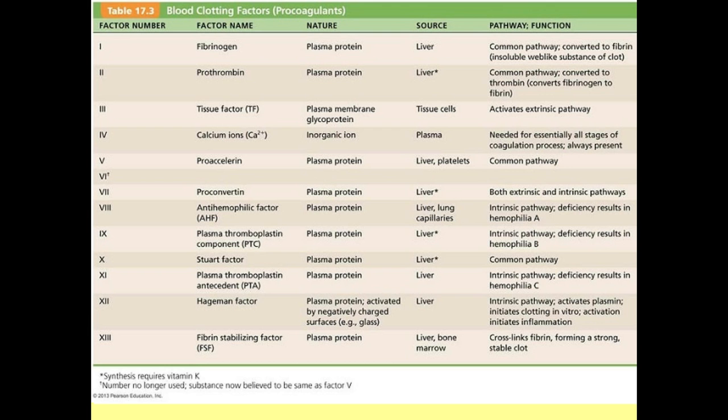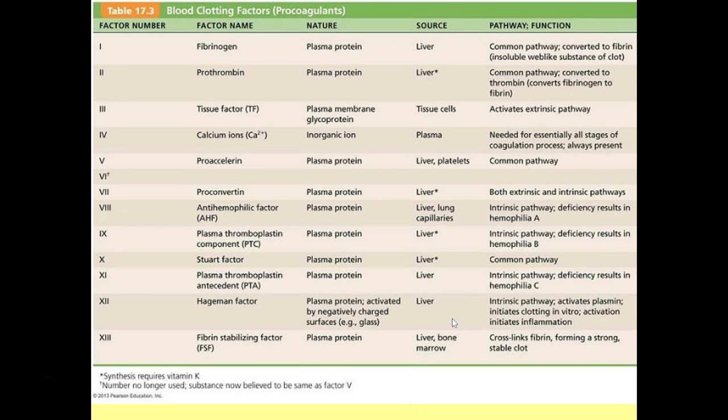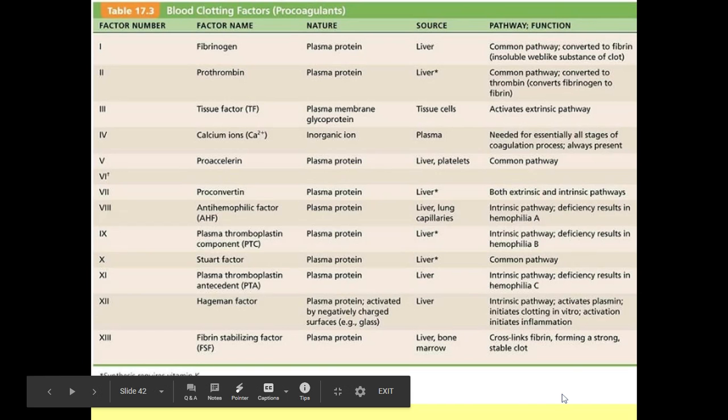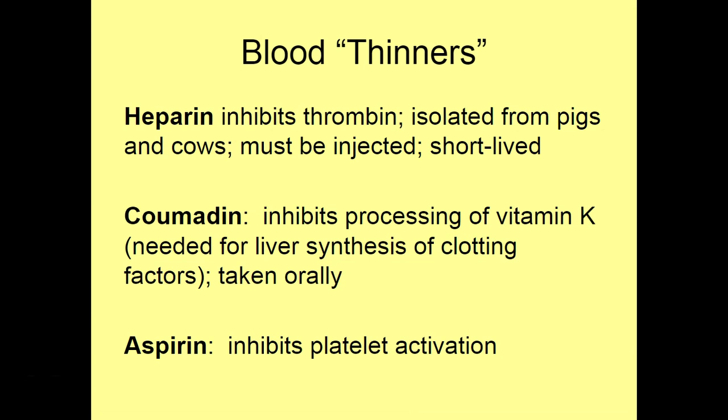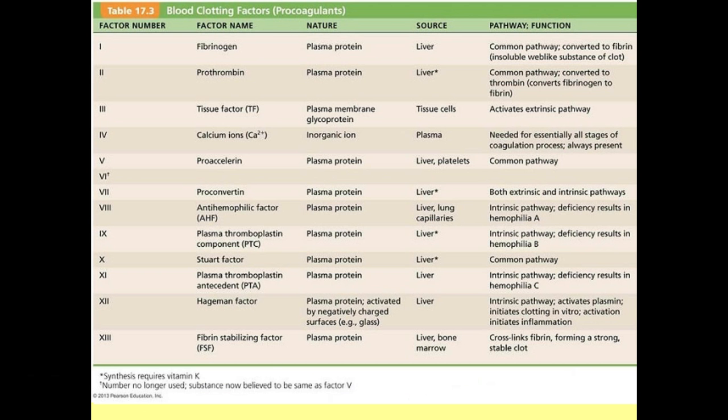I'm going to skip to here. So here's a whole bunch of clotting factors. You'll see that a lot of them are from the liver, and a lot of them need vitamin K. Okay, vitamin K, I think it's over here, specifically is in green vegetables, so dark leafy greens.